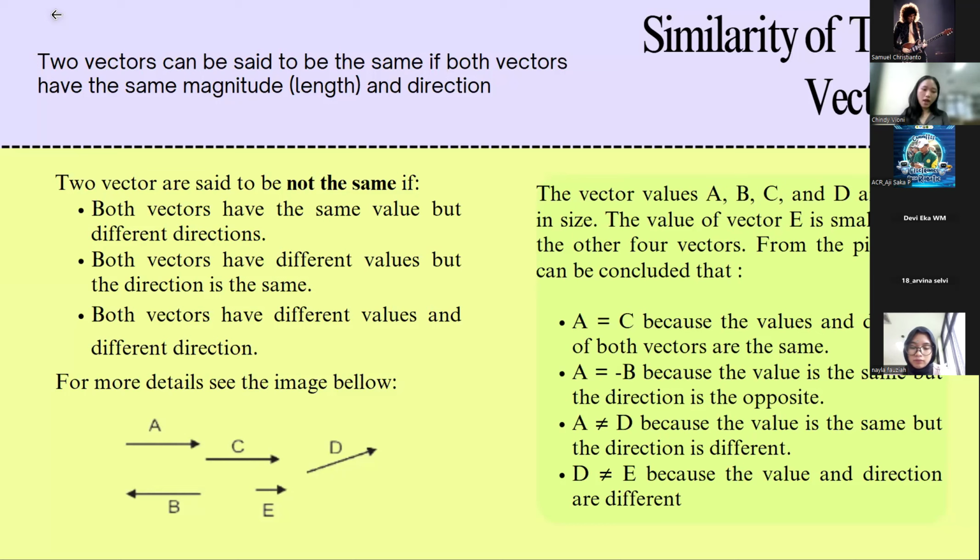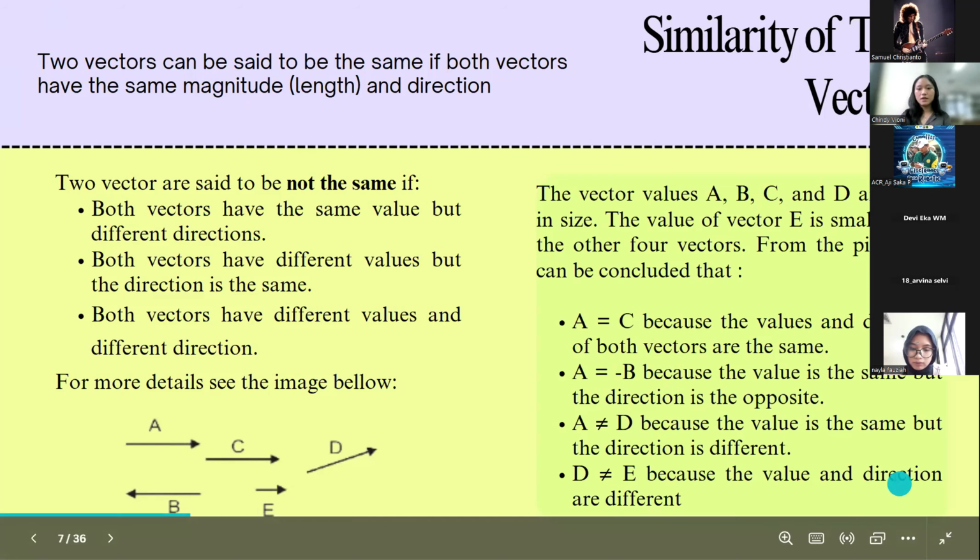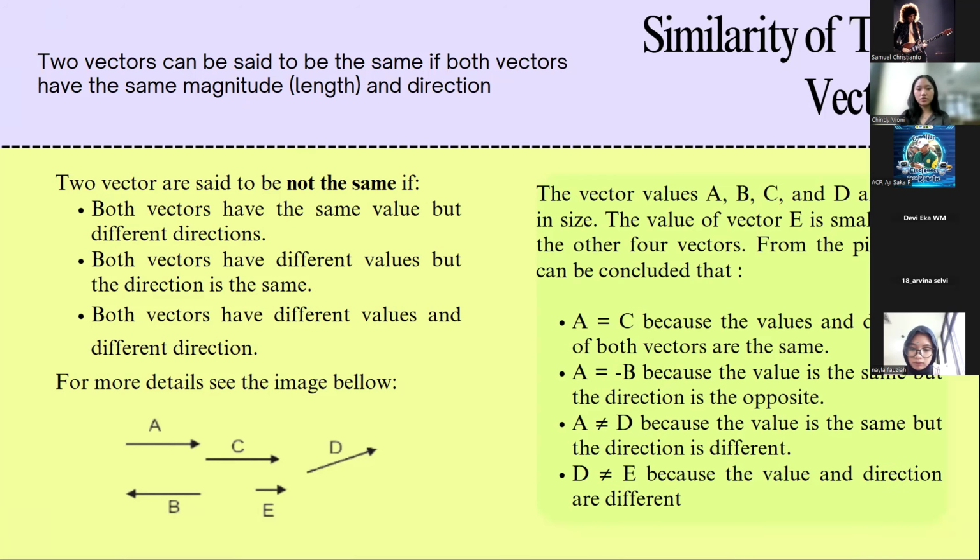That is vector A, vector B, vector C, vector D, and vector E. The magnitudes of A, B, C, and D are equal in size. The magnitude of vector E is smaller than the other four vectors. From the picture, it can be concluded that vector A equals vector C because the value and the direction are both the same.